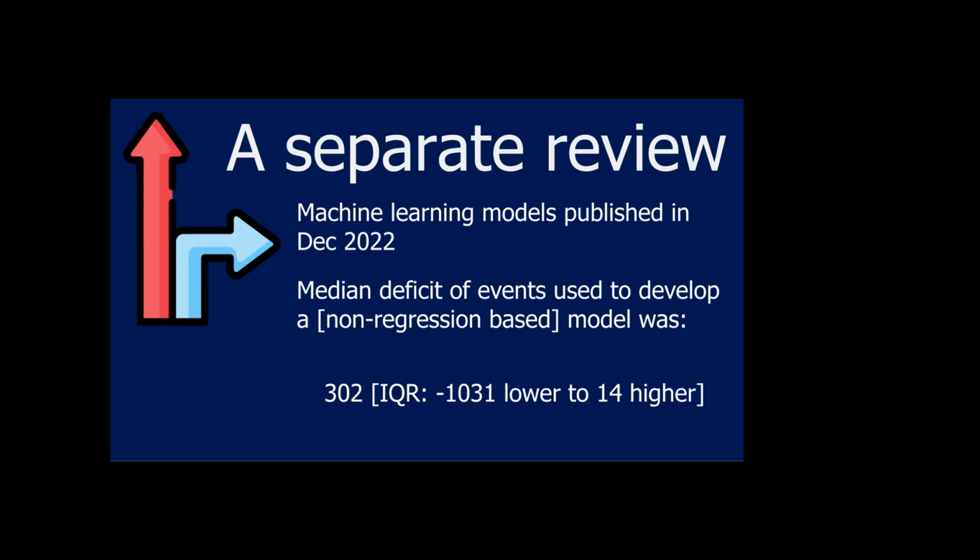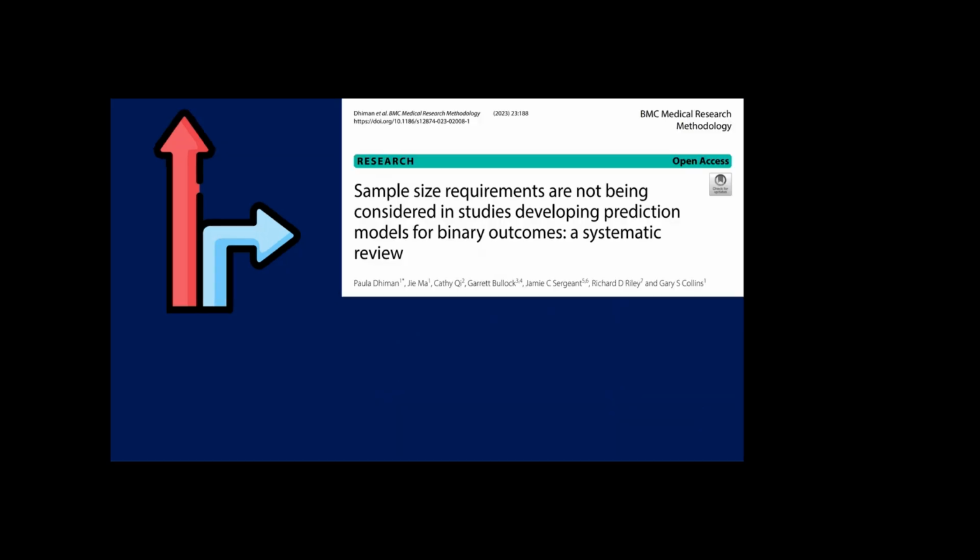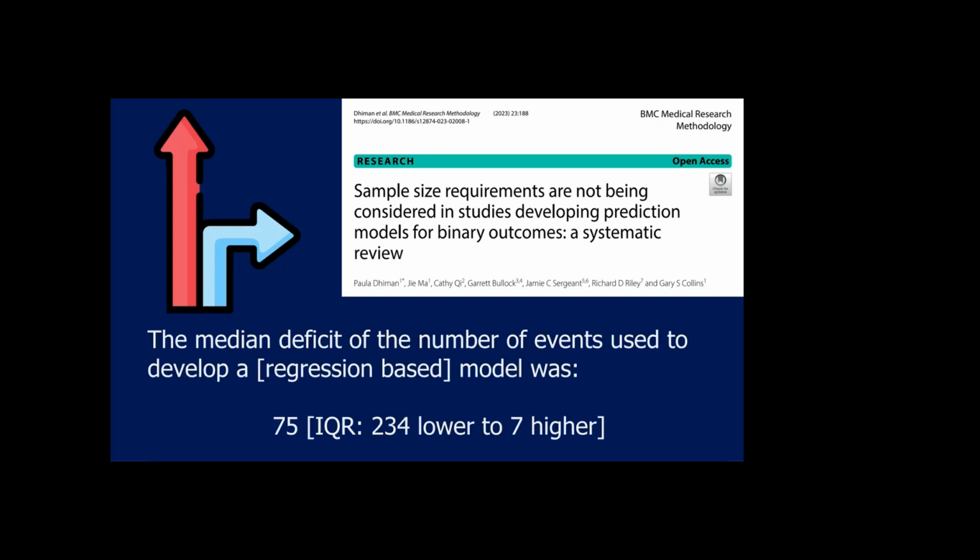So this review was looking at machine learning models, and I'd actually done another review just because I was interested in opening this up a little bit more, comparing this to more statistical regression models. There's a paper that's been published on this. What we found in that study was that even with the regression-based models, where they're being fit as prediction models, there was a deficit, but it was quite a bit smaller.